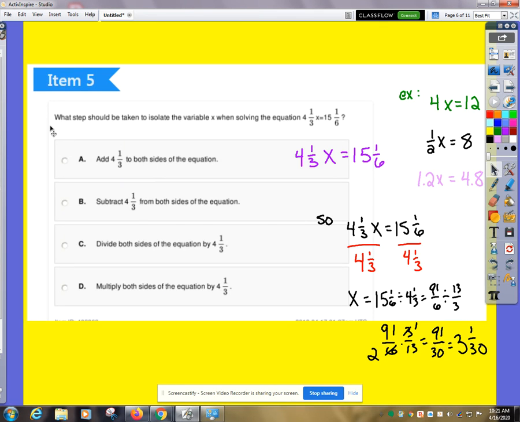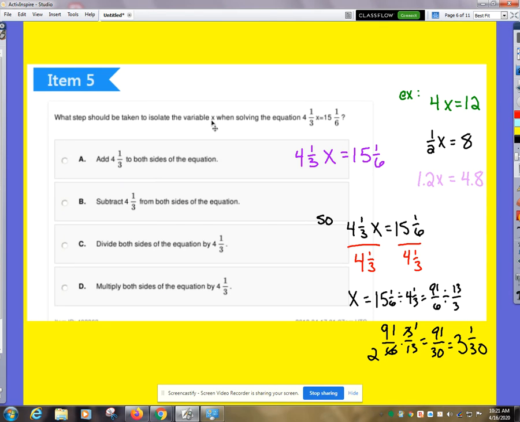Check these things. What steps should be taken to isolate the variable x when solving the equation 4 and 1/3 x equals 15 and 1/6? Remember that when you have a number, a fraction, a decimal next to a variable, it means times. And so to do the opposite of multiplying by 4 and 1/3 would be to divide by 4 and 1/3. And that'd be obviously answer C right here.